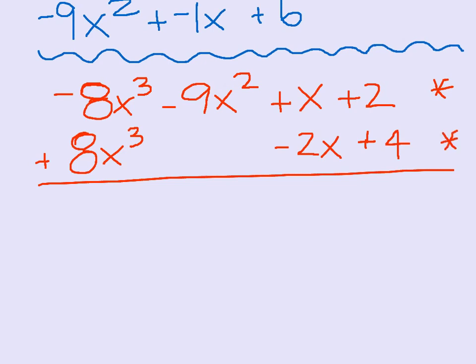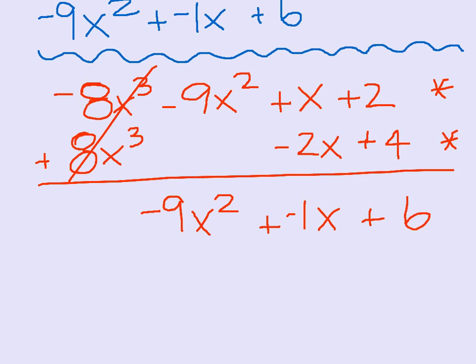You can see right here I don't have an x squared term, so I just left it blank, but you could also put plus 0 there if you wanted. Now from here I'm just going to go ahead and add. You can see easily that the x cubes cancel. There's nothing to add with the negative 9x squared, so I just bring that down. x plus negative 2x is my negative 1x. 2 plus 4 is 6.